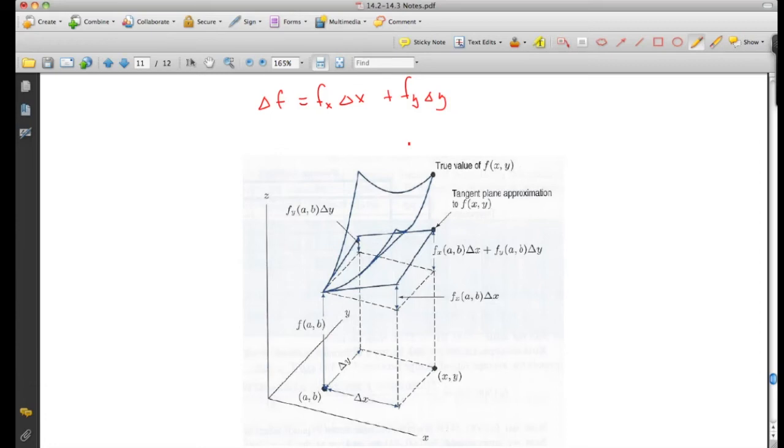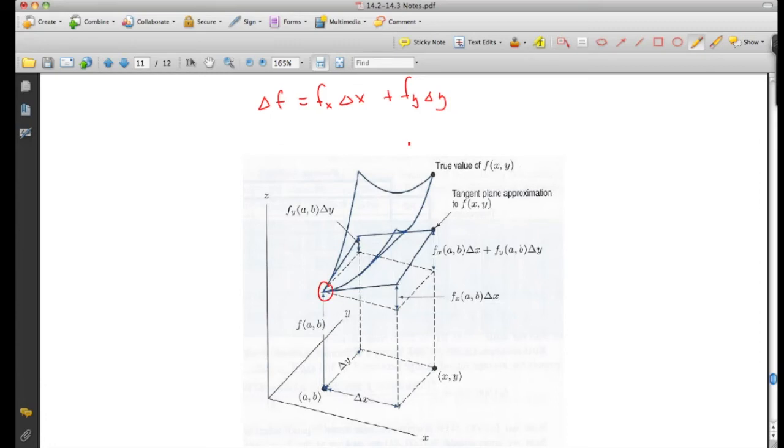And so we incremented the x a little bit, we incremented the y a little bit, and then we got an approximation. All right, in that diagram in your book, this surface that you see up here is the function. This is the tangent plane. All right, and then you notice that close to that point of tangency, the two things are almost the same thing.